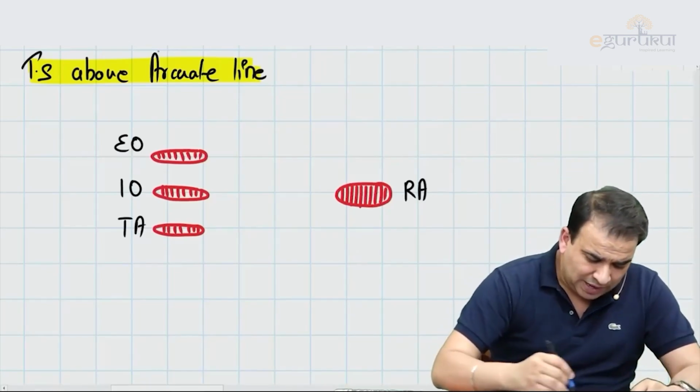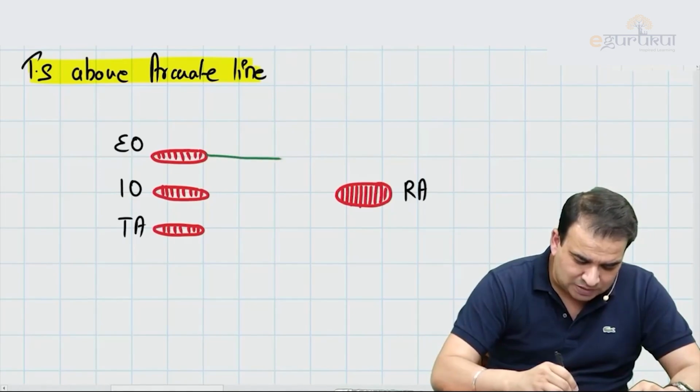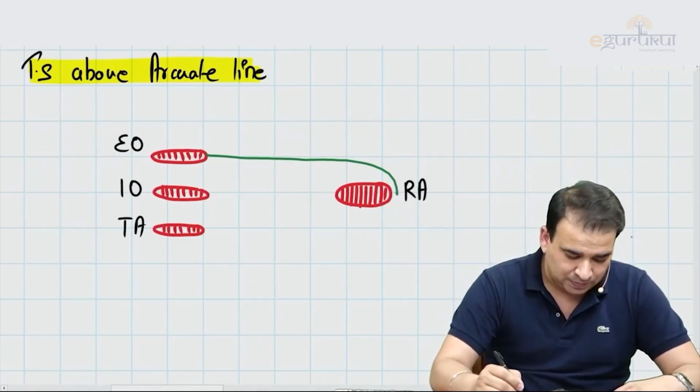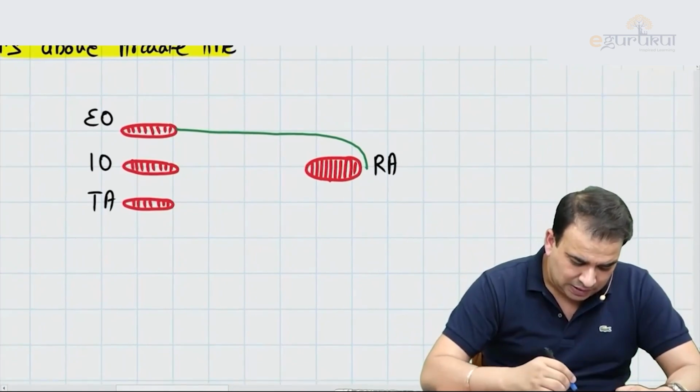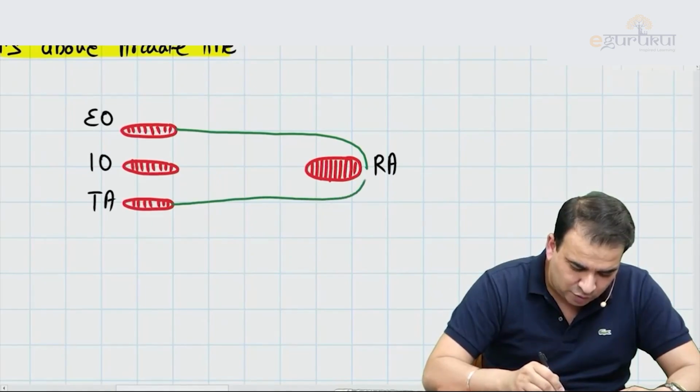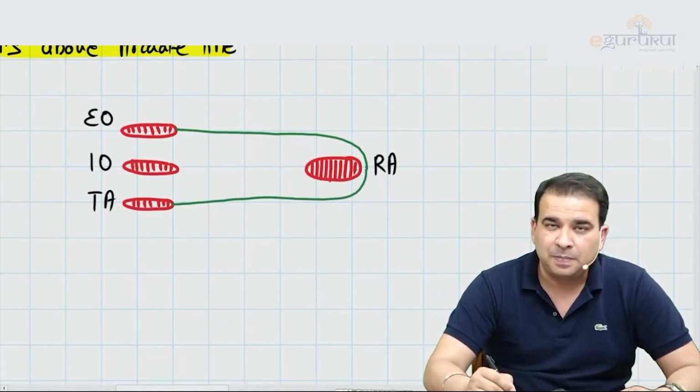So what you see is that the aponeurosis of the external oblique muscle goes in front of the rectus abdominis and forms the anterior wall of the rectus sheath. Similarly, the aponeurosis of the transverse abdominis will go posteriorly and form the posterior wall of the rectus sheath.